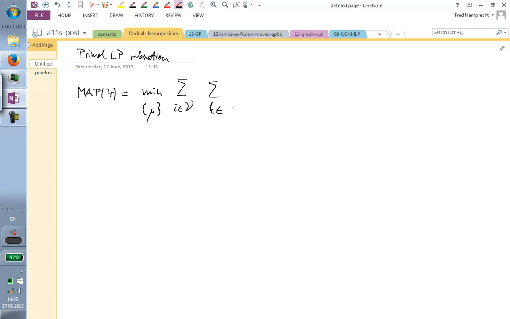We sum over all possible labels K from the label set L. This was the indicator vector. Mu i is the indicator vector for node i, and k is its kth element, so for the kth state. This was the unary factor, and then we have the pairwise factors.